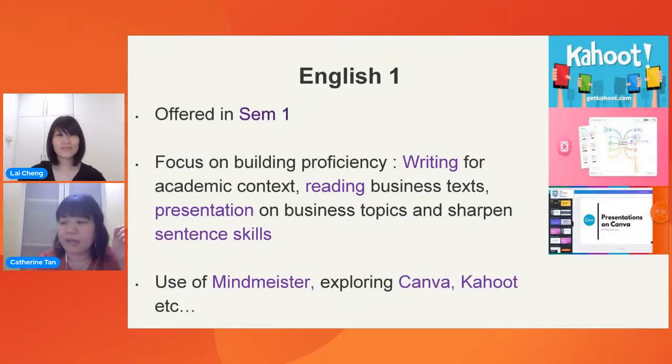English 1 is targeted at building your proficiency to critically respond to a text. For example, in semester 1, I will give my students a piece of text, and they can argue whether they agree or disagree with the points in the text.